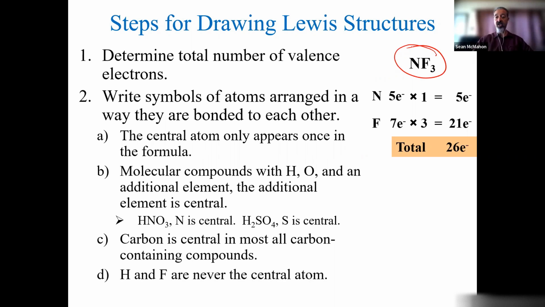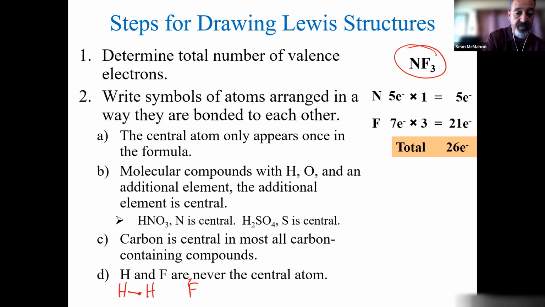If I have hydrogen and fluorine, those are always exterior atoms. Why? They like to form one bond. Hydrogen never exceeds a duet because it's in the first energy level. So it has one lone valence electron, and it will form one bond, typically with something like another hydrogen.